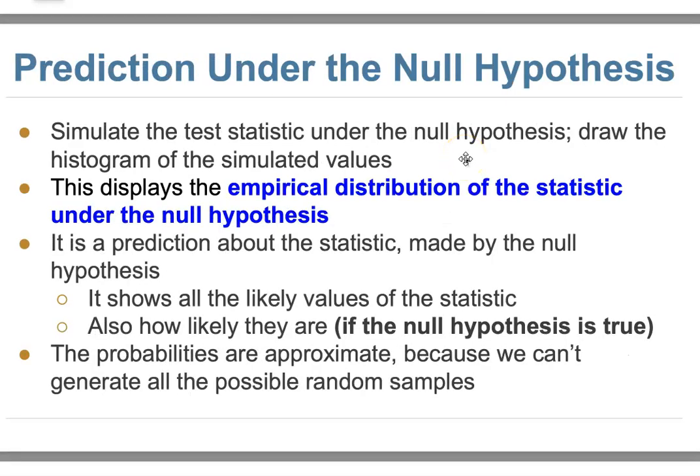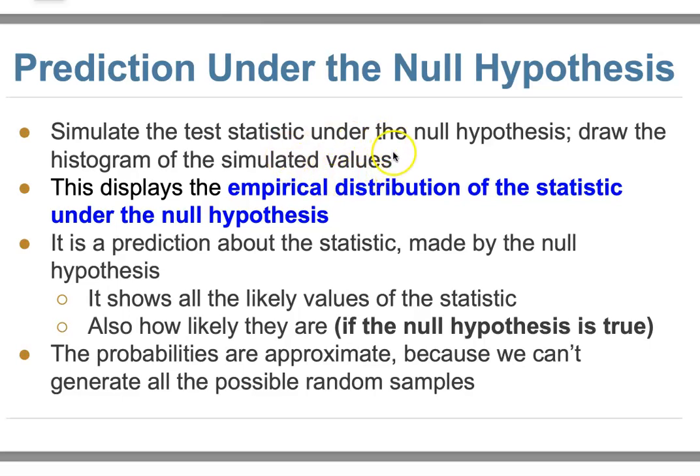Prediction under the null hypothesis is what we mean earlier when we say we do the simulation. Under our chance model, we can do the simulation to test the statistic under the null hypothesis. After you simulate a large number of times, we can draw the histogram of the simulated output or values.